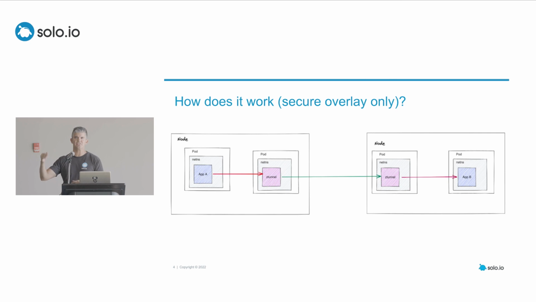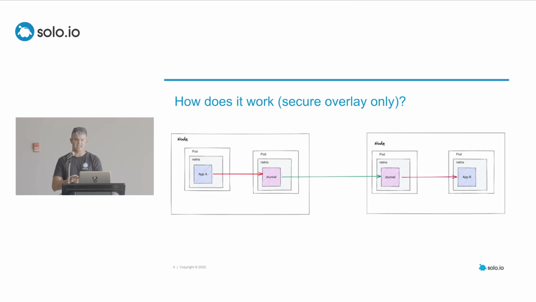That Z-tunnel agent will determine which workload is making the originating call, and then it will establish a mutual TLS tunnel. We talked about the HTTP-based overlay networking environment, the HBone protocol, earlier today as well. That mutual TLS connection will be established with the Z-tunnel running on a remote node where the destination workload runs.